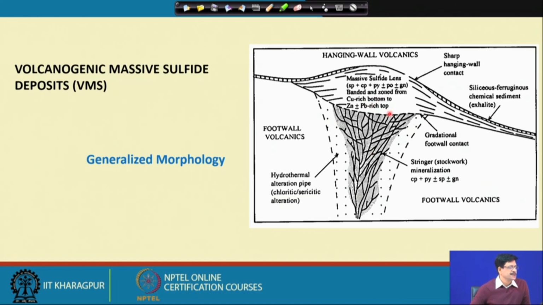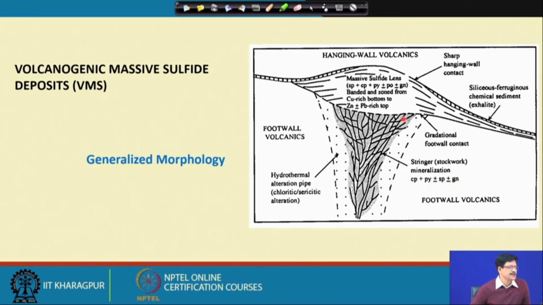And so, this feeder zone will be characteristically surrounded by an alteration zone, because this is the sea floor basalt and will be broadly categorized as the footwall volcanics. In this footwall volcanics, the fluid has channelized and sparsely deposited sulphides: chalcopyrite, pyrite, sphalerite, plus or minus galena.